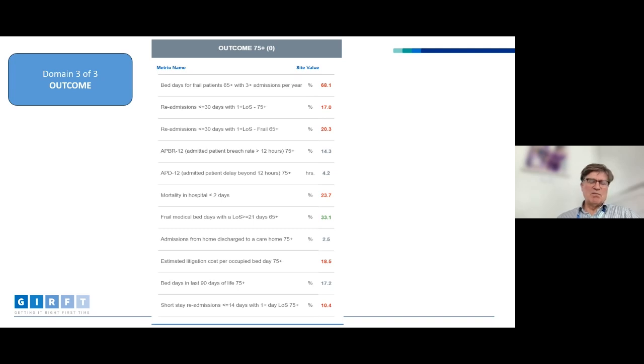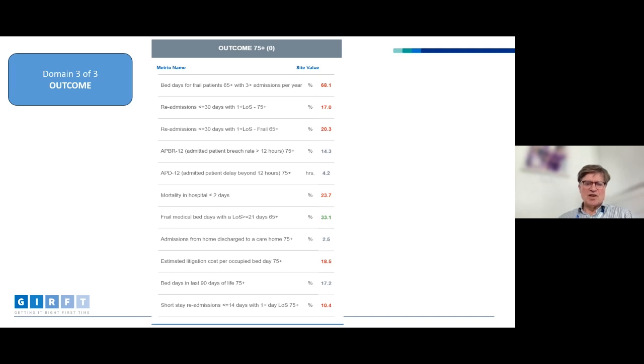There are several hospitals in England where that average is well over 24 hours. So the average experience is patients waiting more than 24 hours for a bed. And when I travel around hospitals and see patients in corridors, mostly frail, mostly with delirium, this is a product of this data.